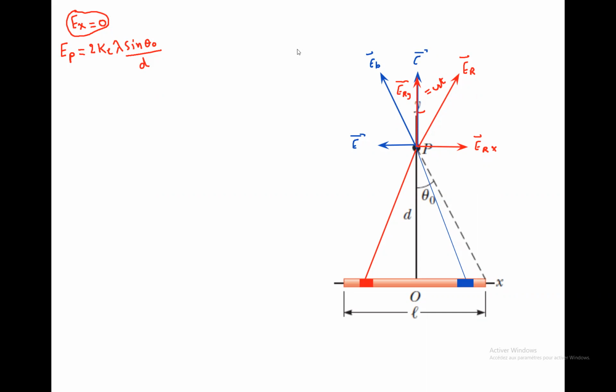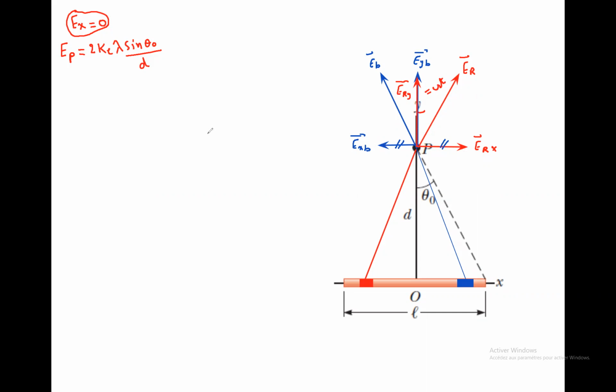Okay, so here we have the X blue component, and here we have the EY blue component. As you see here, the X components of these two values are opposite, so we can cancel the X component.